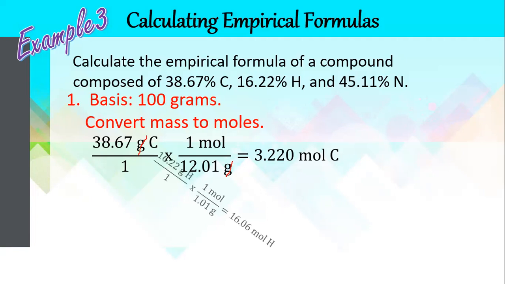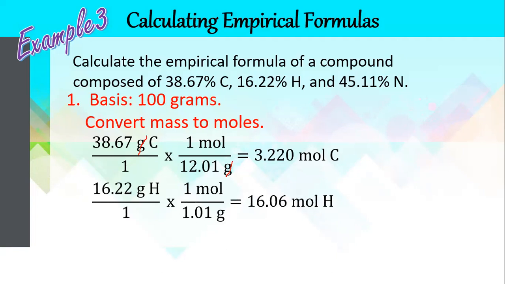Next, for hydrogen, we have 16.22 grams of hydrogen divided by 1.01 grams, which is its atomic mass. Cancel out the unit grams, and it gives us 16.06 mole of hydrogen.